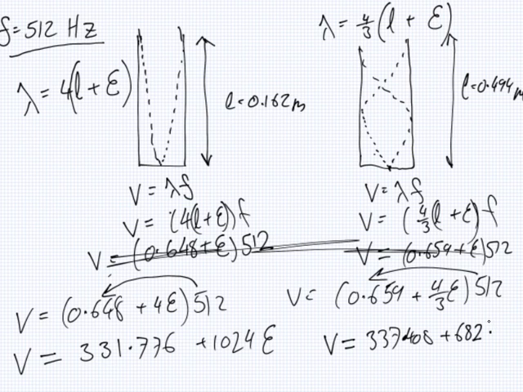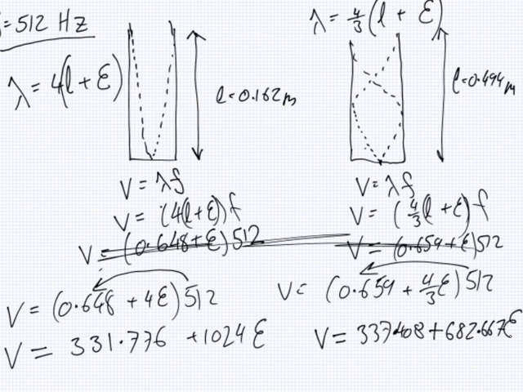What is 512 times 4E? No, this is 4/3, this is right, the previous one. Plus 682.667E. The first, 512 times 4, is 1024, is it not? Oh, sorry, of course it's not. 2048.